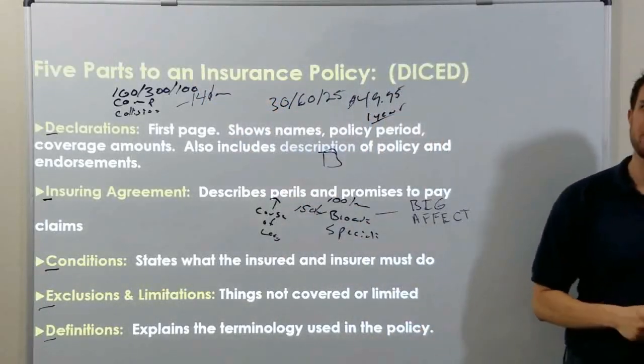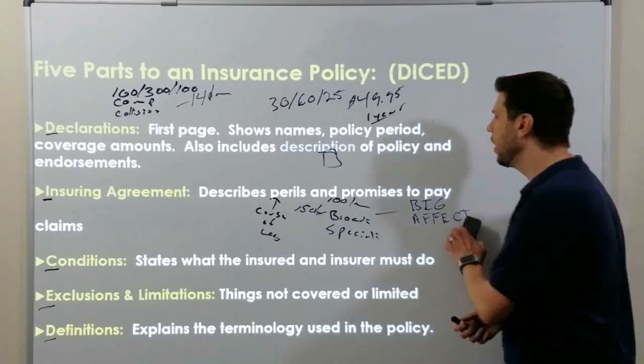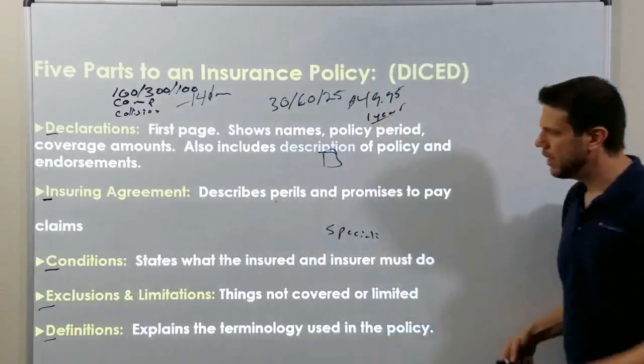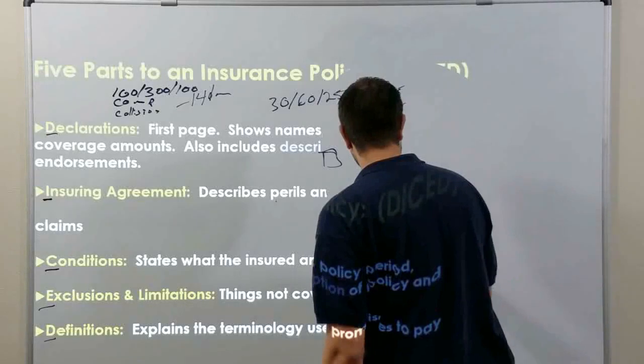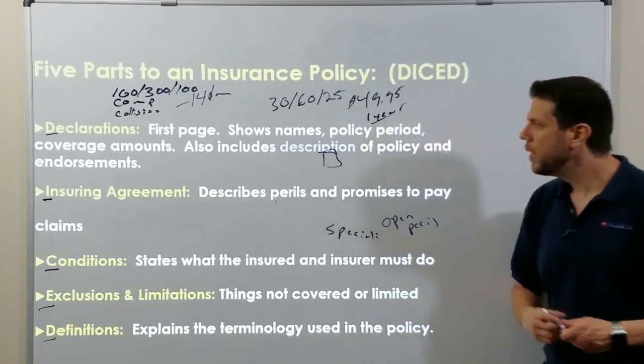And then special is the best insurance. Special insurance covers everything except what is excluded. Special will be known as open peril a little bit later on.